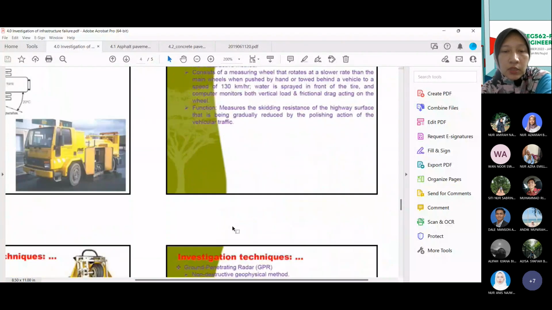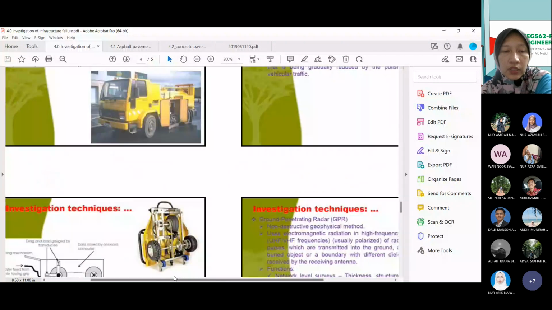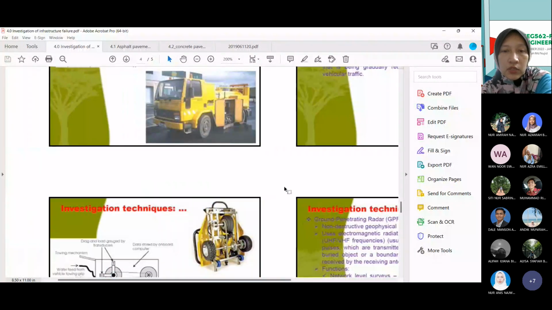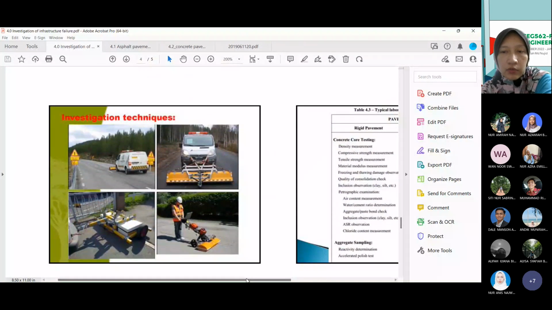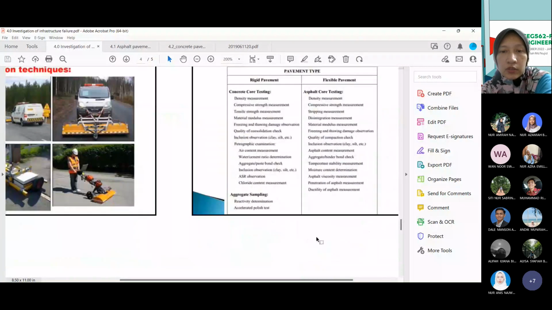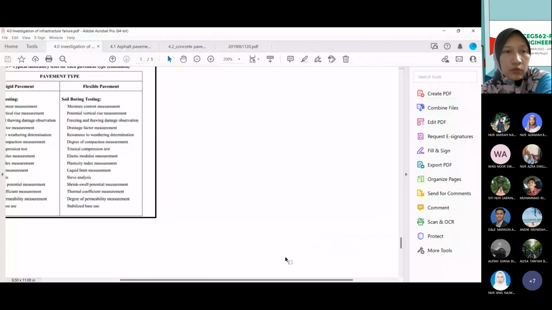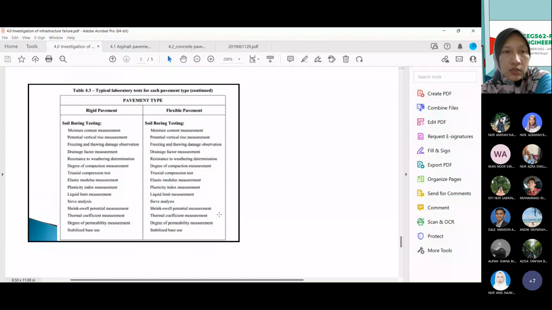Tapi macam saya cakap lah, dia bergantung kepada apa data yang you nak cari and based on the budget itself lah. Okay, yang ni semua on part of the laboratory testing and also testing on site.